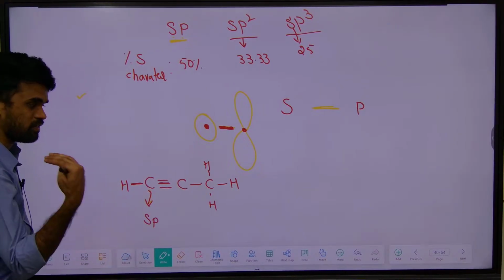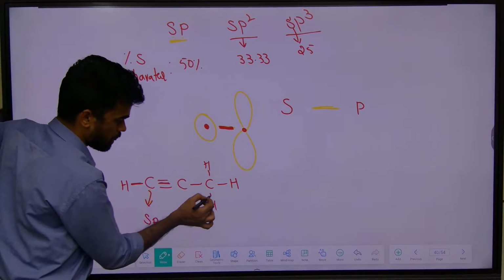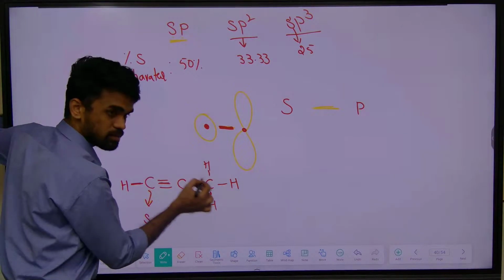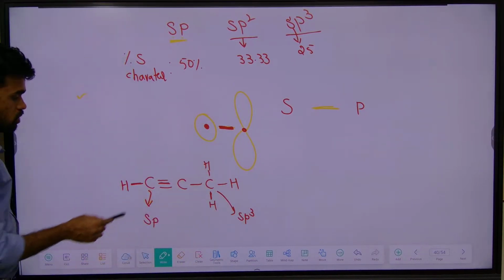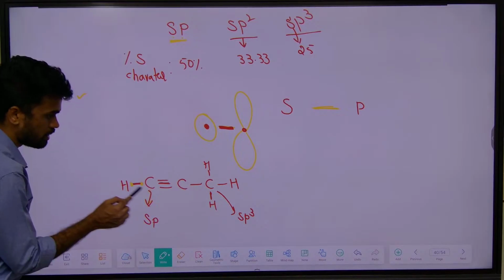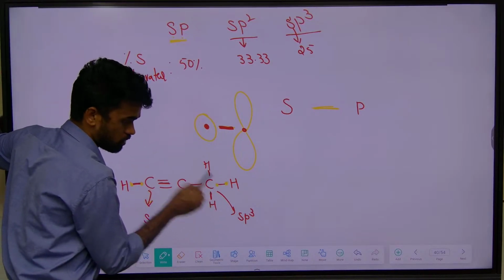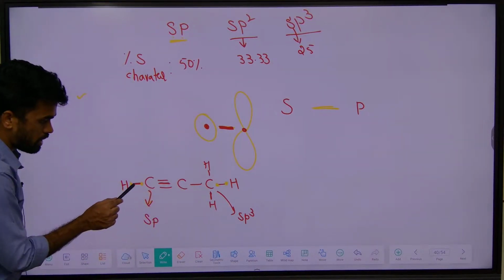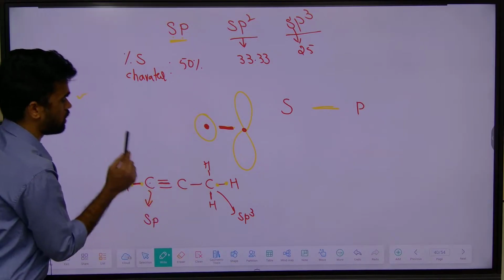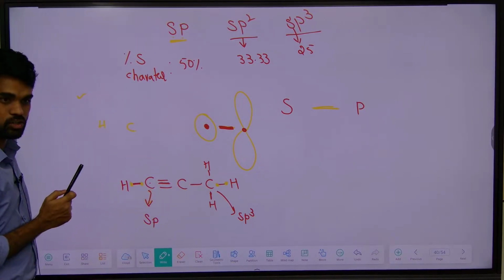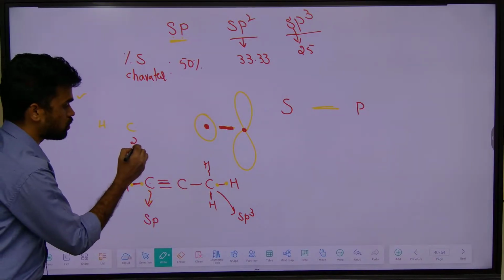We will discuss this in chemical bonding. Now, what about this one? 4 sigma bonds, so it is sp3. Here also we have hydrogen. The sigma bonded electrons will be taken by carbon. Out of carbon and hydrogen, which is more electronegative? Carbon, around 2.5.